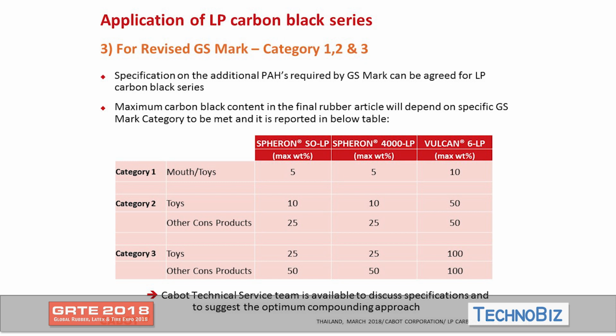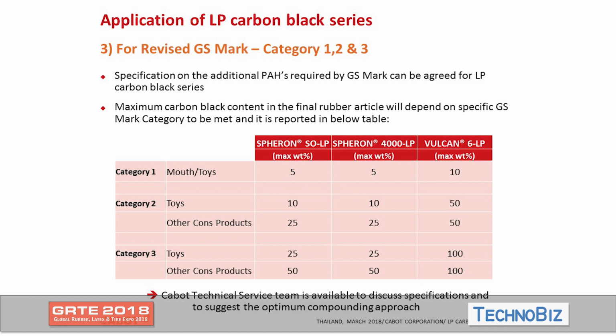For GS mark, it's a little bit complicated. Again, as I mentioned before, every time we talk about the GS mark, we need to ask which category the final article falls into.